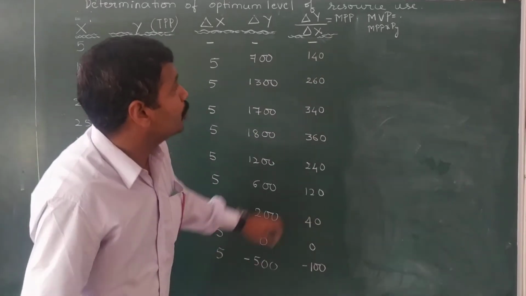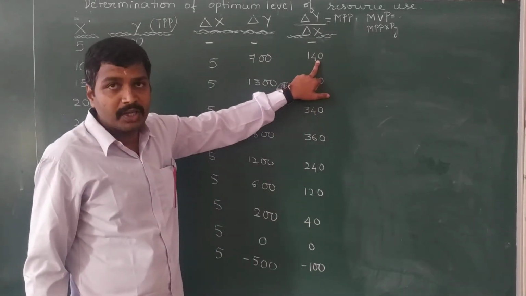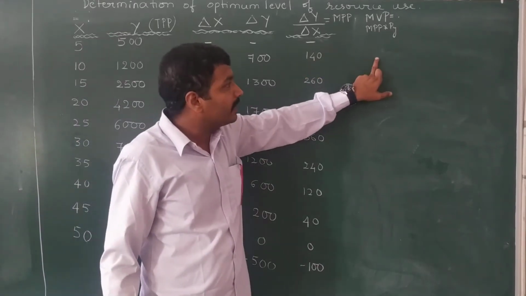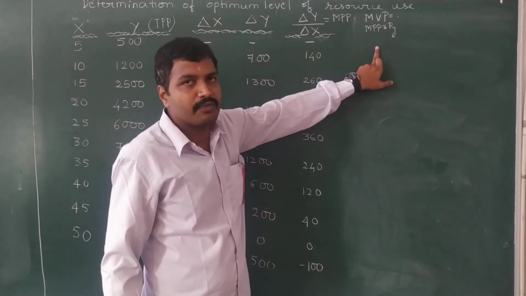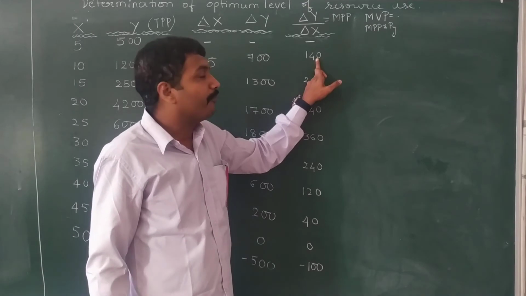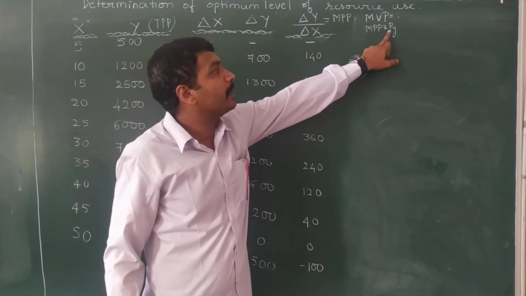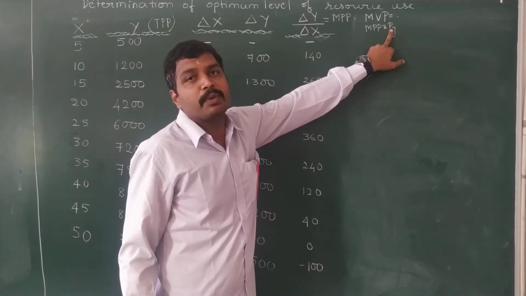So you know that 140. In order to get MVP for this particular set of observations, 140 needs to be multiplied with the price of output, which is 0.5.